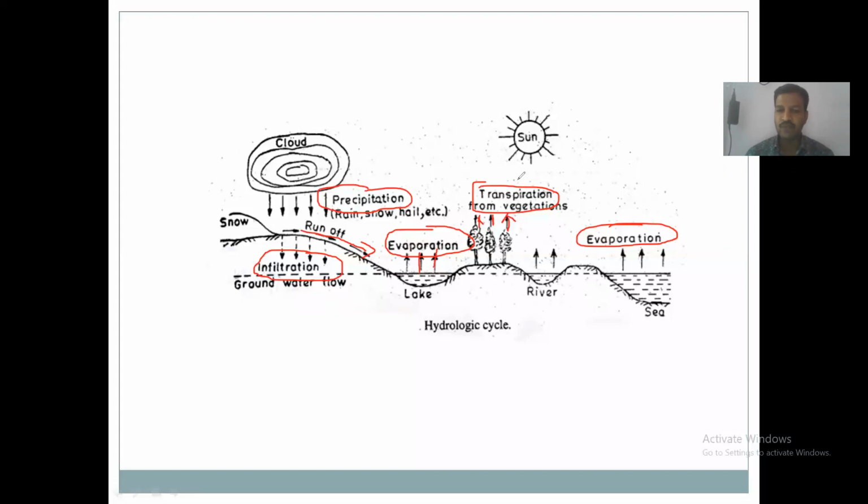This is the transpiration process. So these are the two terms related to the hydrologic cycle: evaporation and transpiration. Precipitation and infiltration occur in the downward direction. Evaporation and transpiration occur in the upward direction.